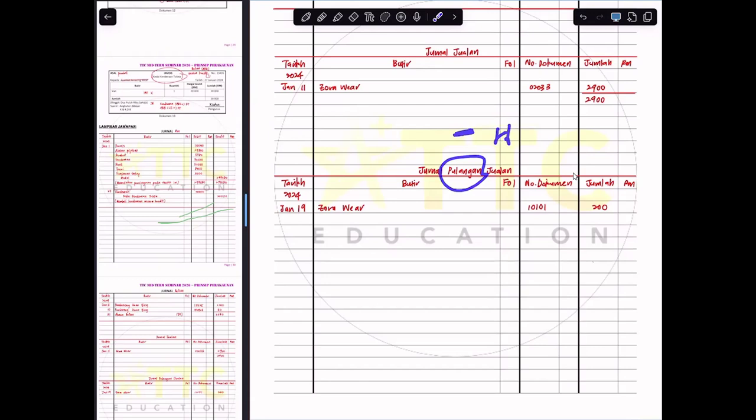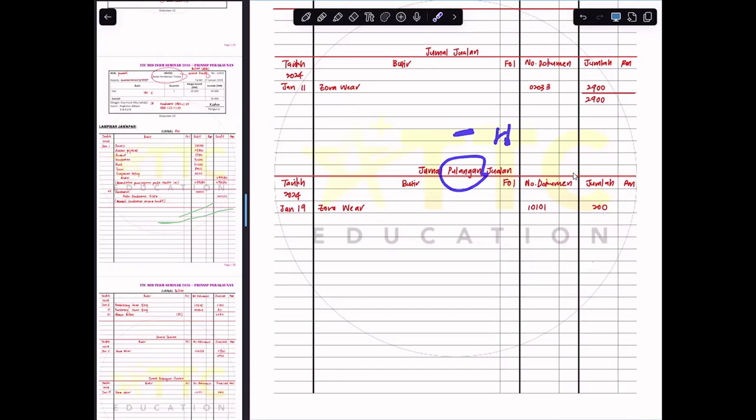Minus hasil. Think carefully. Think twice. A, B, C, D, and also minus records into the opposite side. So minus hasil, debit or credit? Why is it still credit? Answer me.